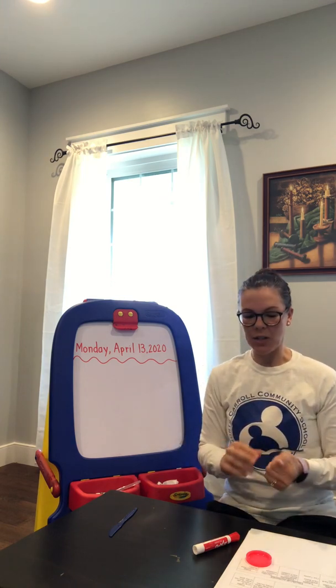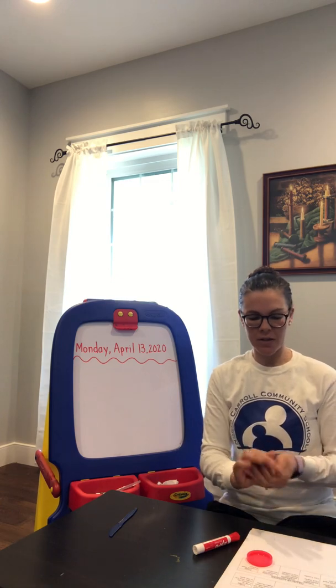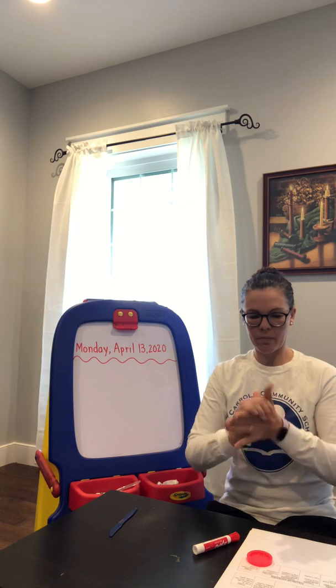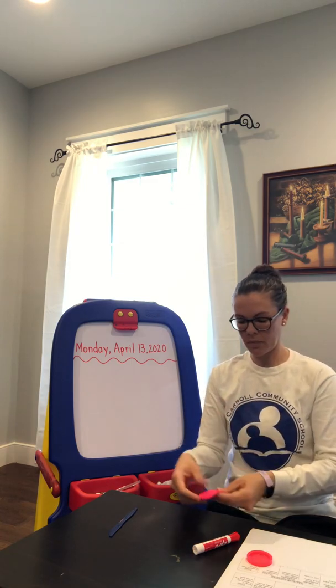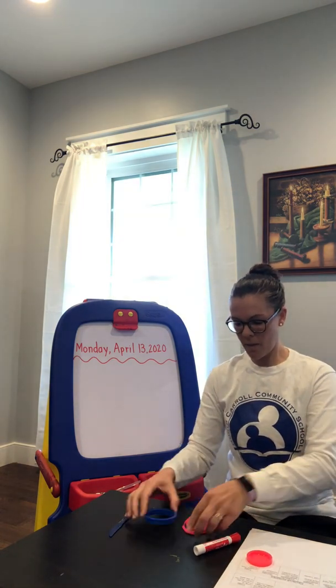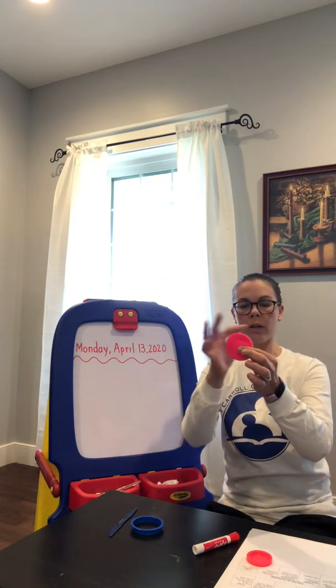Now we're going to take this cookie. Let me remake my cookie here. Okay, so here's my cookie, my whole cookie, and I'm going to cut it now into equal parts.